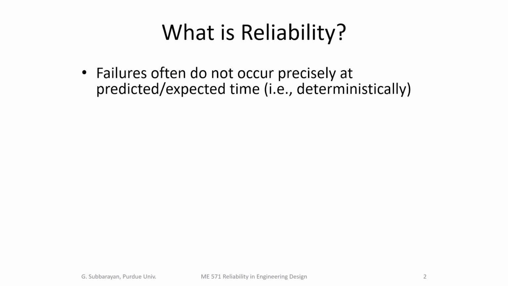And if failures were to occur at a precisely predicted time or expected time, we would call that a deterministic failure mechanism. But that doesn't happen very often in any physical system, automotive, aerospace, electronic. Things don't fail at exactly the same time.